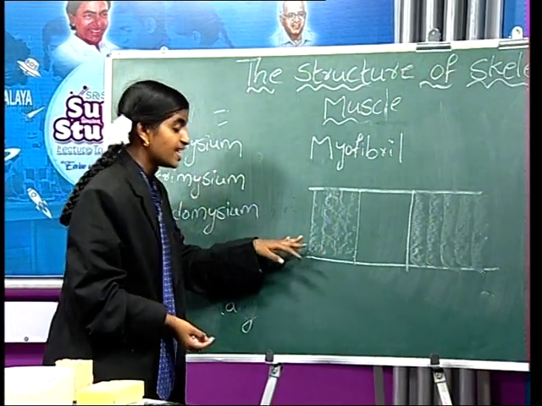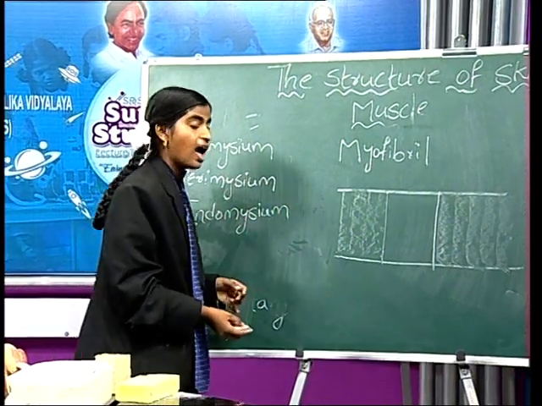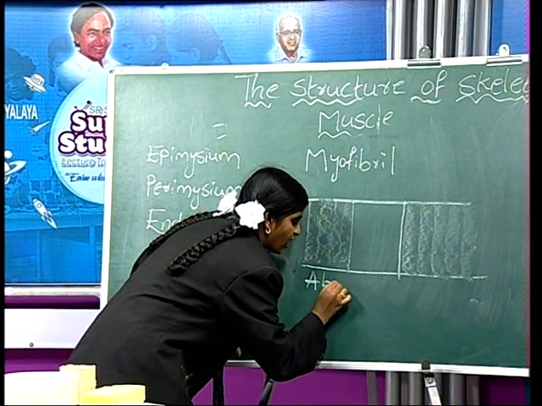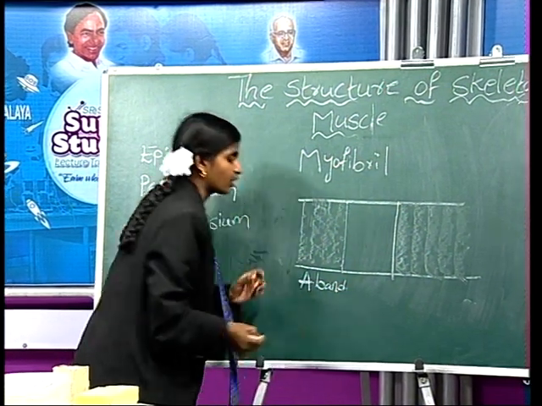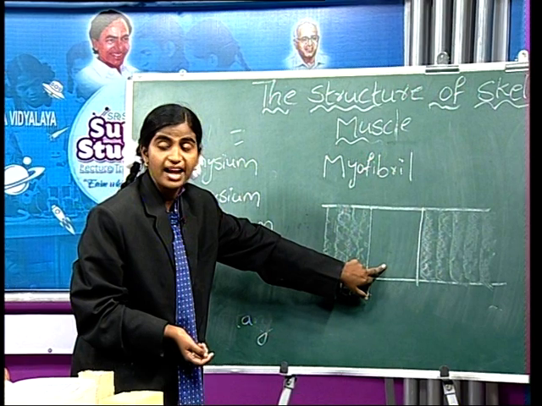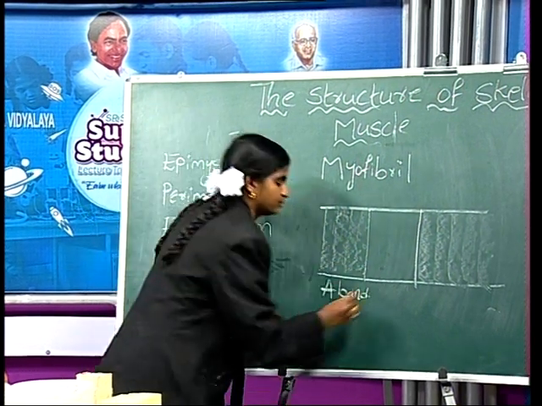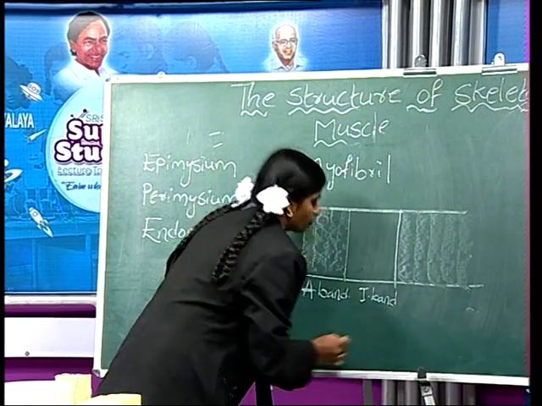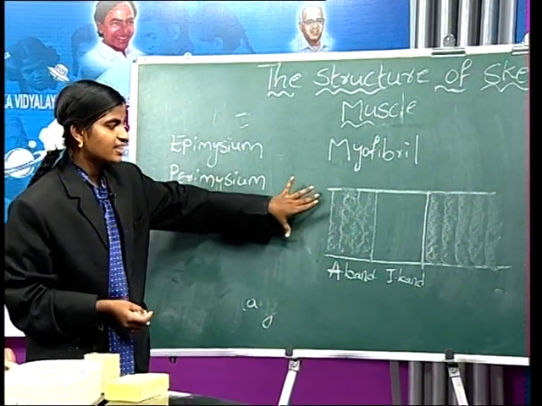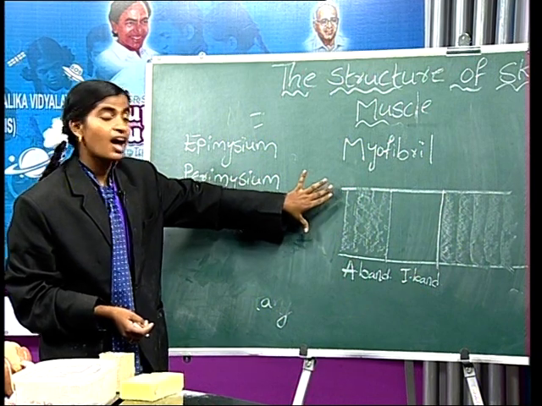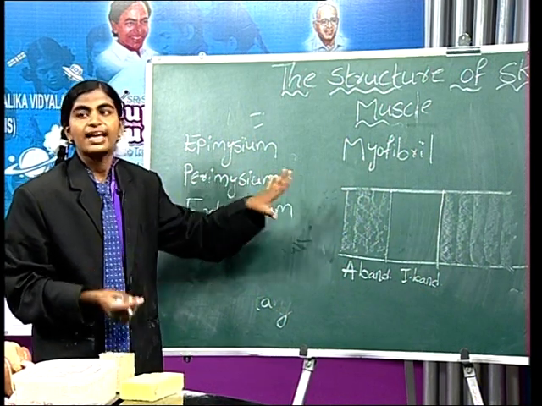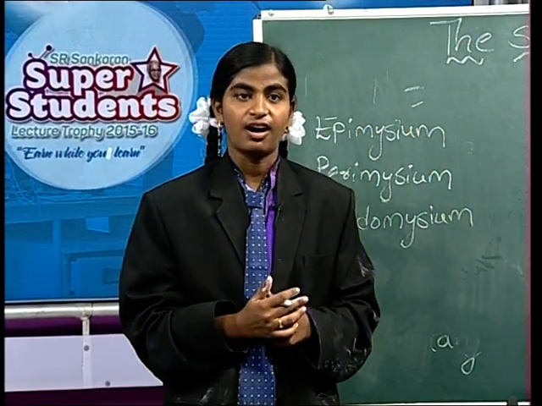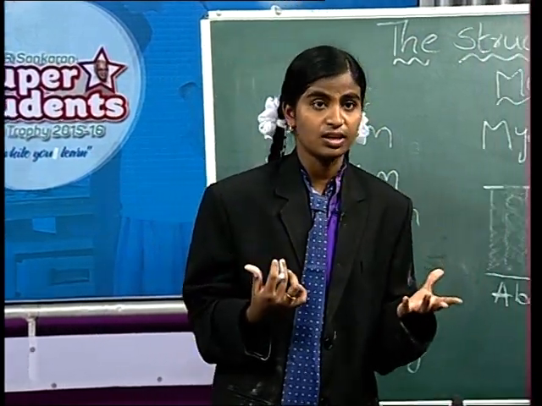Friends, this dark band is called the A band or anisotropic band. This light band is called the I band or isotropic band. They are arranged in parallel, and this striated appearance is because of two important proteins, actin and myosin.